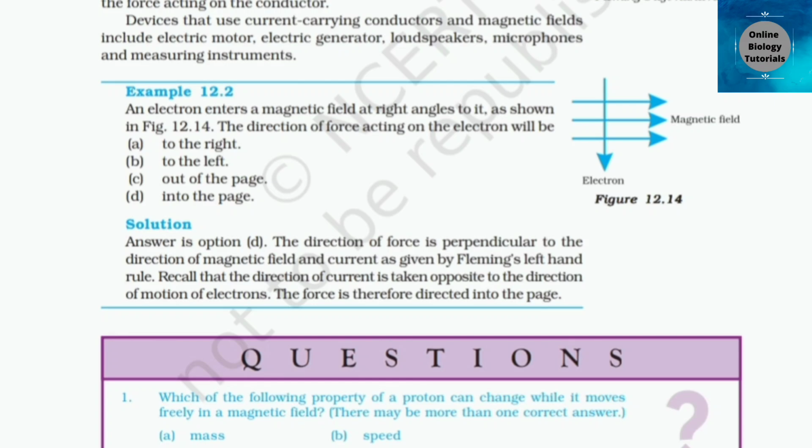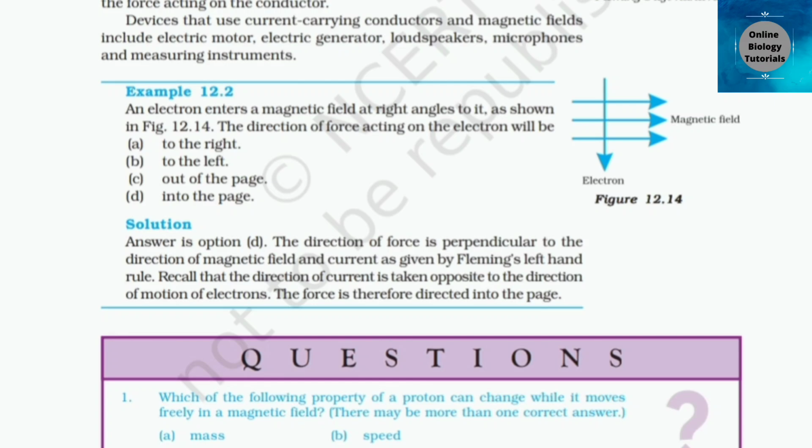Solution. Answer is option D. The direction of force is perpendicular to the direction of magnetic field and current, as given by Fleming's left-hand rule. Recall that the direction of current is taken opposite to the direction of motion of electrons. The force is therefore directed into the page.